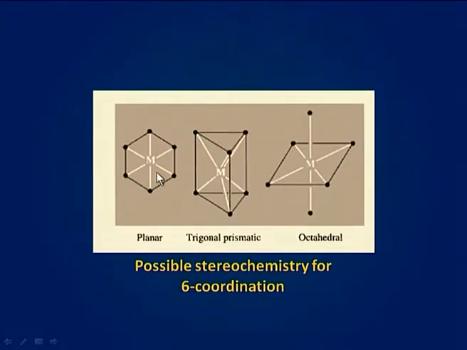Here you can see 3 types of geometries. First is planar, the other one is trigonal prismatic and the third one is octahedral. In octahedral geometry, all bond angles are 90 degrees, but in distorted octahedral geometry, there will be some distortion in bond angles.